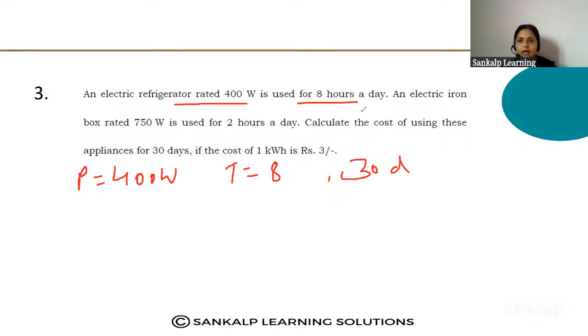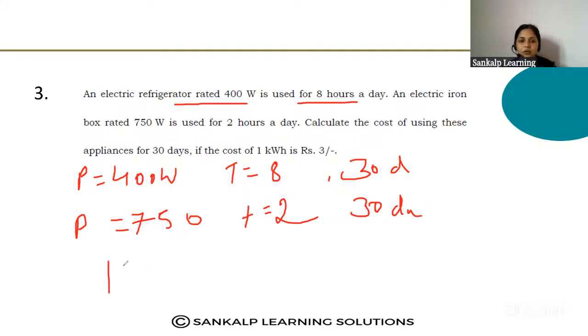The iron box has a power of 750 watt and is used 2 hours, time equal to 2 hours, and approximately a total of 30 days. The cost of 1 kilowatt hour is equal to 3 rupees. So these all are the given data you should mention. Okay, I will clear this.